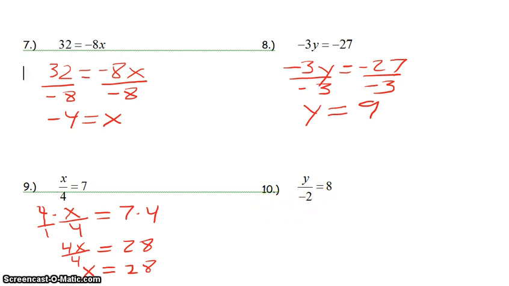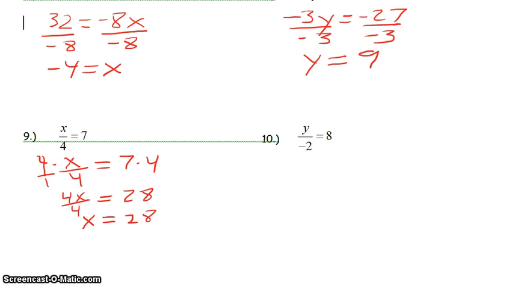Now problem 10 needs just a little bit more space. Okay, with problem 10, we have to multiply each side by negative 2 because y is divided by negative 2. So we will have negative 2 times y over negative 2 is equal to 8 times negative 2. Put a 1 under this negative 2.